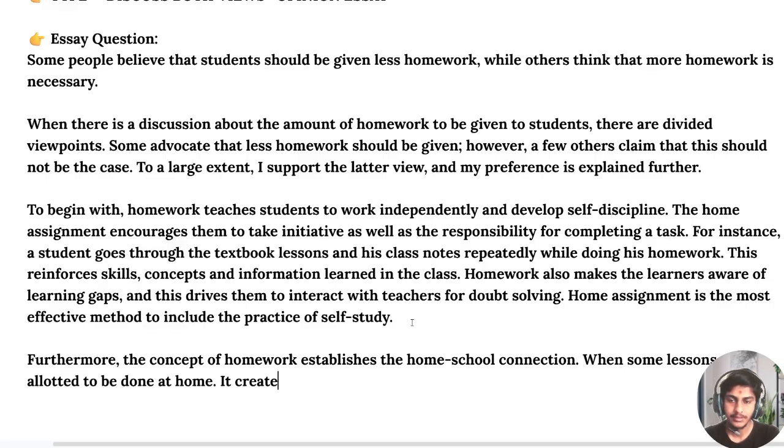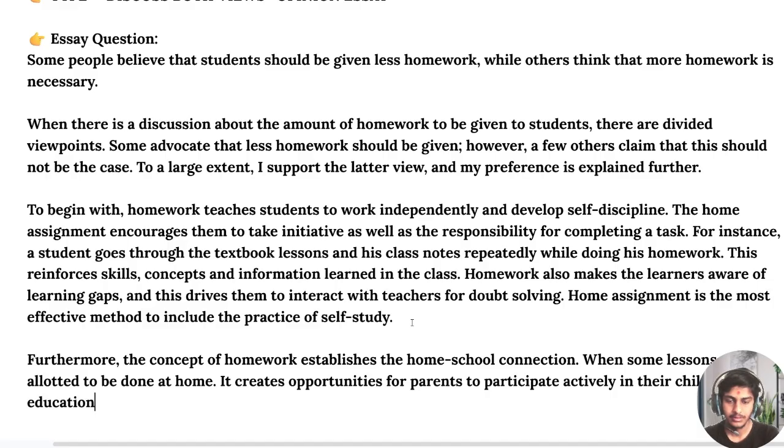It creates opportunities for parents to participate actively in their child's education and helps to evaluate their ward's progress.